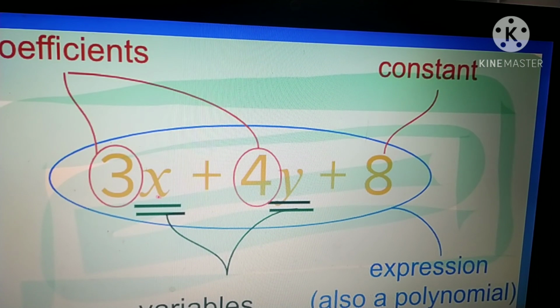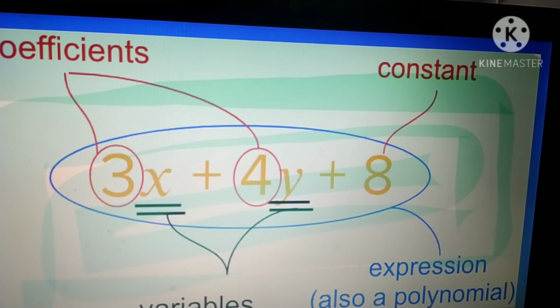If we talk about this, 3x is one term, 4y is one term, 8 is a term. Okay, 3 is the coefficient of x, and 4 is the coefficient of y, like that. Understood? Coefficient means any factor of a monomial is called the coefficient of the remaining factor.